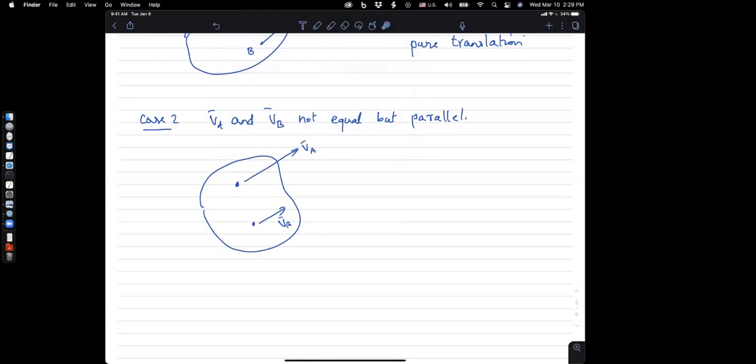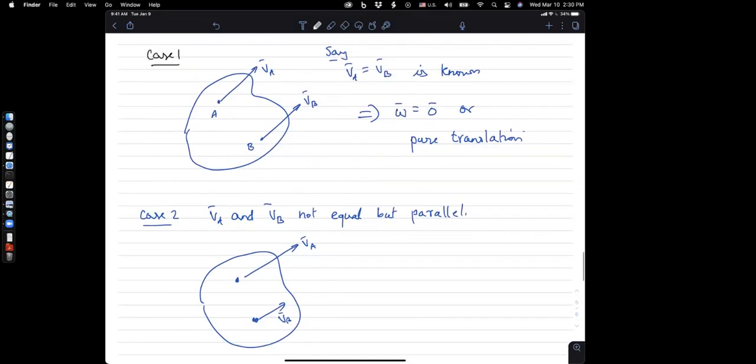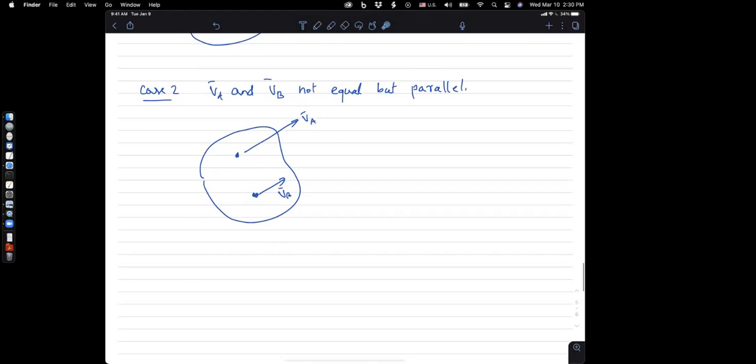Now, what do we know about the velocities of these two objects, or the angular velocity of this object? Okay, that's right. So now there is rotation. The only situation where there's pure translation is when every point has the same velocity. If two points on a rigid body have different velocities, then it's rotating in some manner.